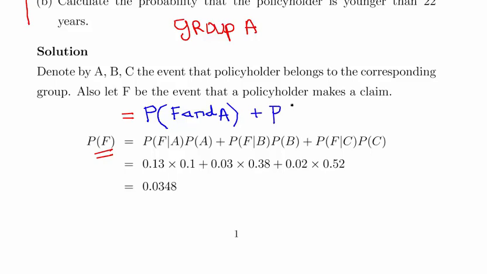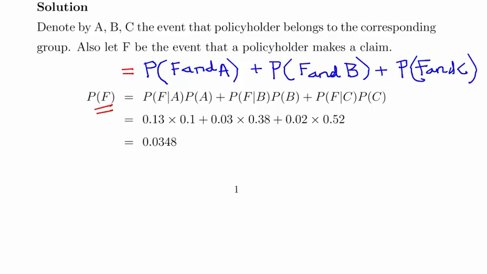So the probability that they made a claim and they're part of age Group A, then the probability that they made a claim and that they're part of age Group B, and likewise age Group C. So essentially just visualize a big pile of paperwork on your table, and you separate it up into three files. We would denote these files F and A, F and B, and F and C.